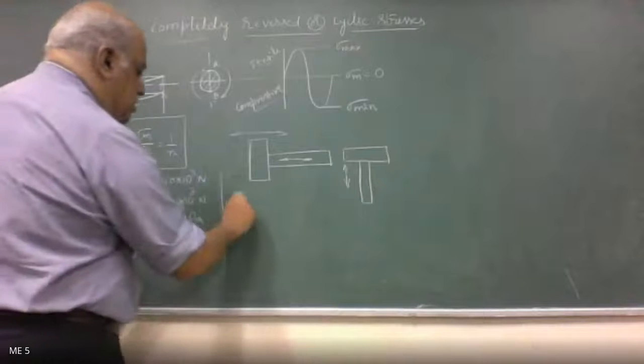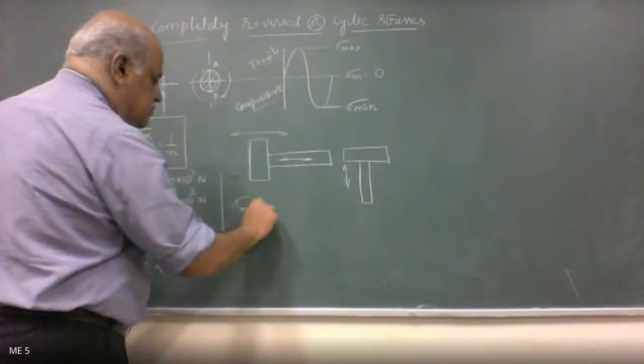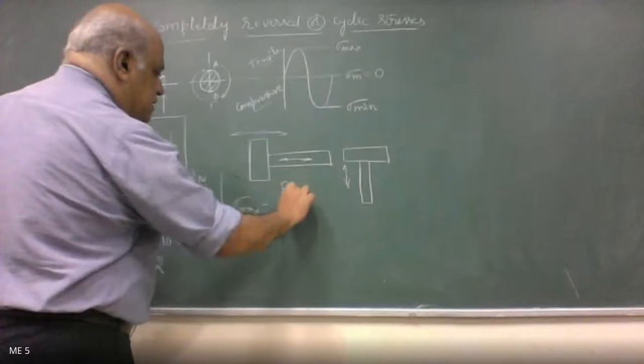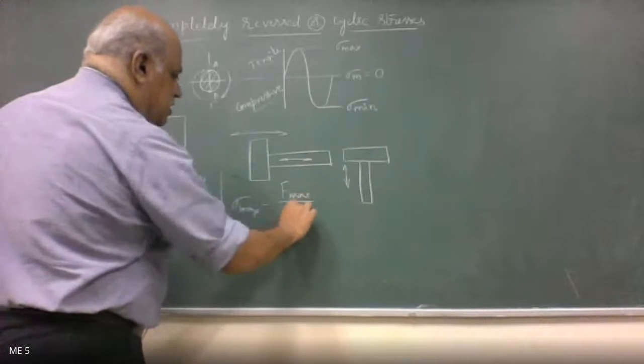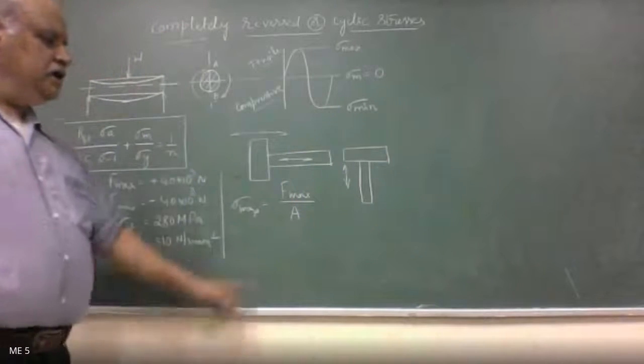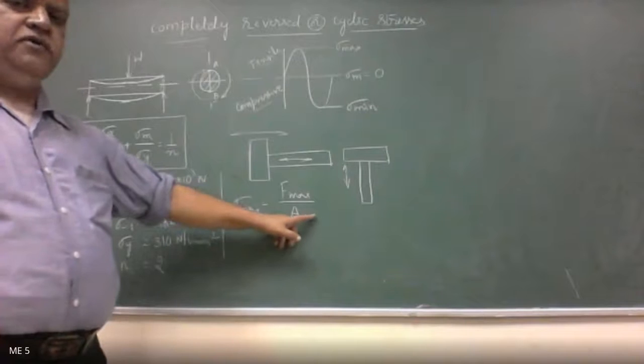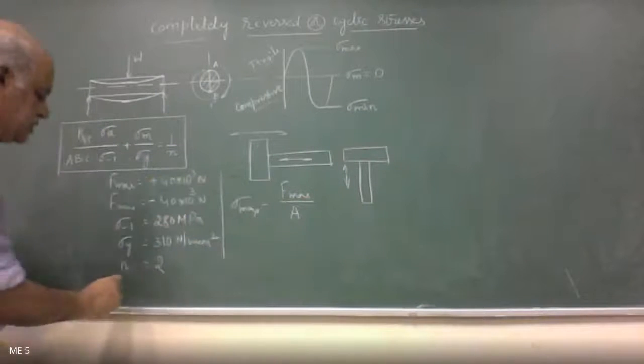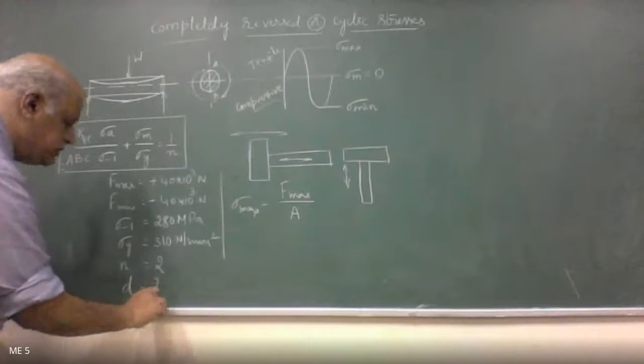So it is subjected to alternating tensile and compressive stress and is an axially loaded member. Therefore, sigma max is going to be F max divided by area of cross section. Area of cross section is pi d square by 4, and d is what we are expected to find out, that is the diameter of the bar.